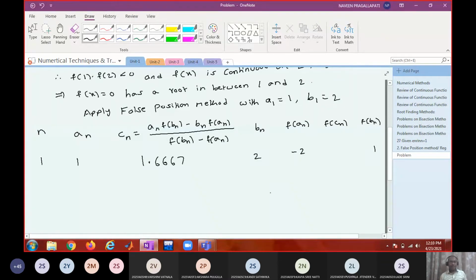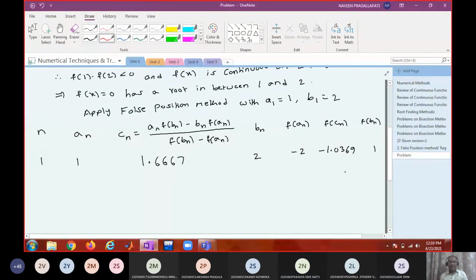That value will be useful. What is f of c1 value? Minus 1.0369.